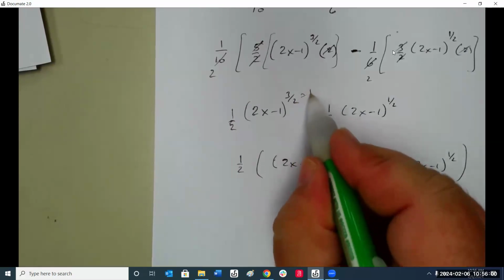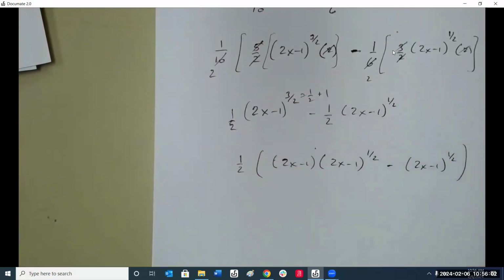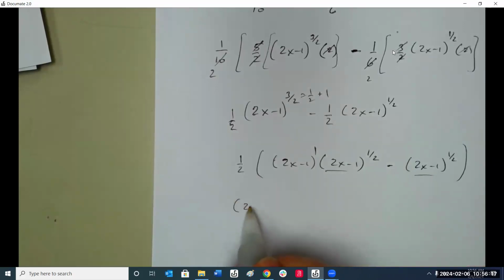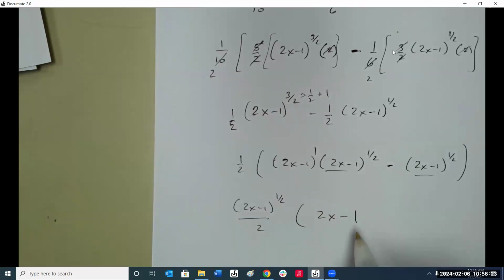There's 3/2 is 1/2 plus 1. We can factor out that. So we have 2x minus 1 minus 1.